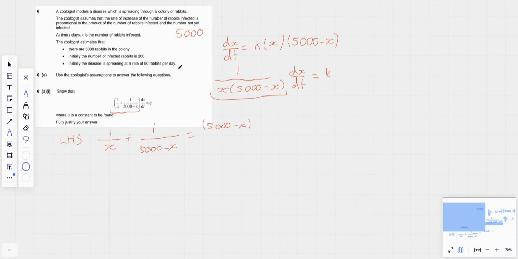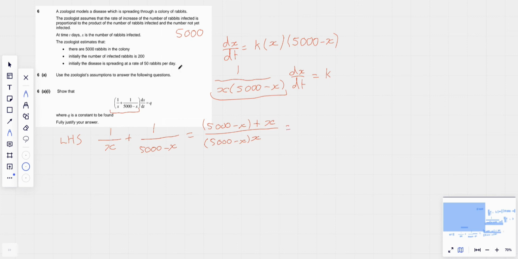So on the left side, we're going to get 5,000 minus x plus x, and of course, they have to have the same denominator like this. Now, if it isn't already, you may start to see a bit of similarities. The denominator that we found is very similar to the denominator that we've got here, and all we've done is combine the fractions.